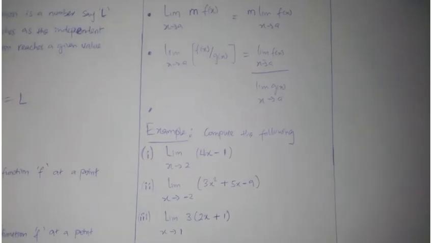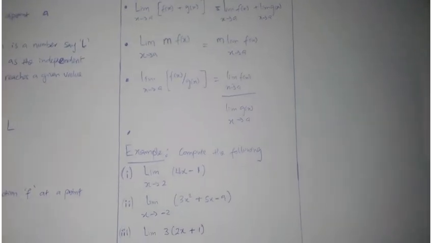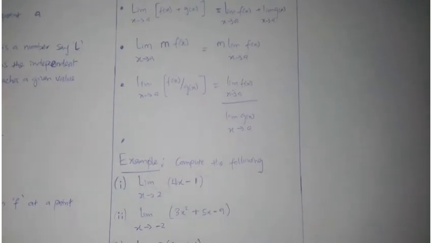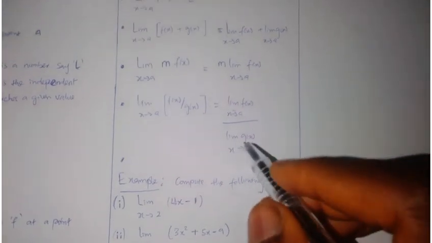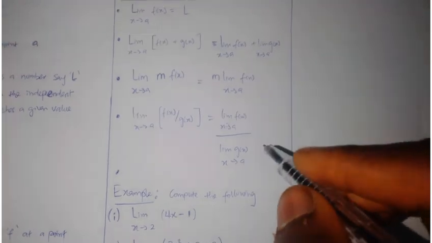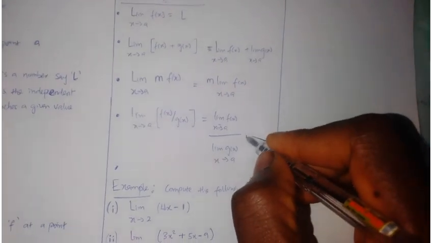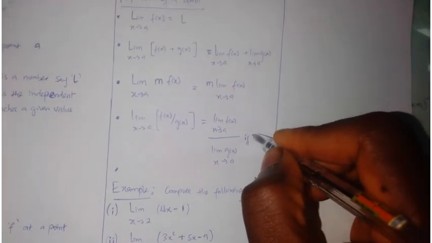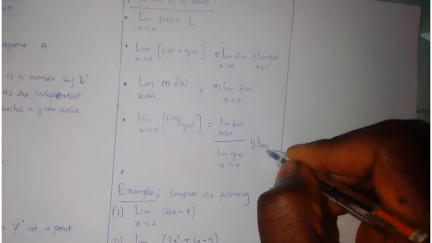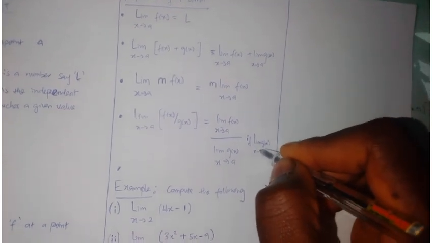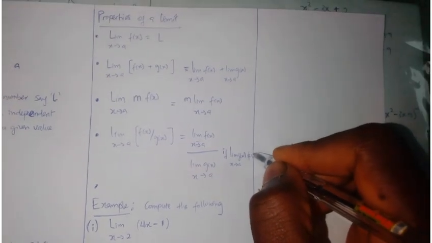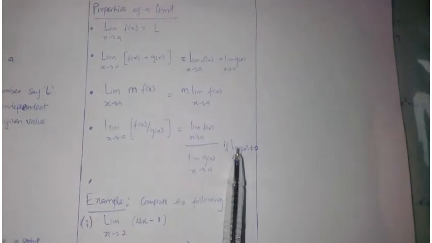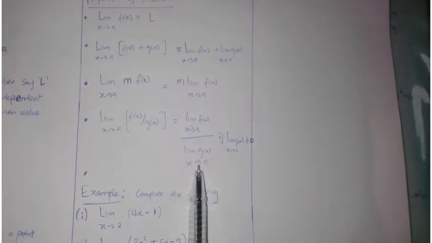Before we go to today's class, in our last class we looked at the properties of limits. The last thing that we looked at there, the division property, can stand if this denominator, as x tends to a, is not equal to 0. This can stand if this denominator is not equal to what? 0.